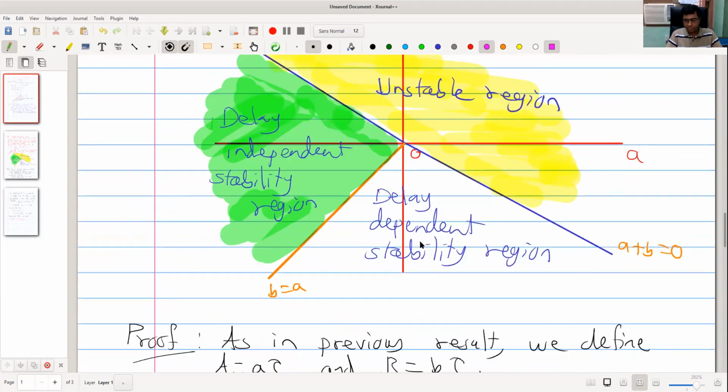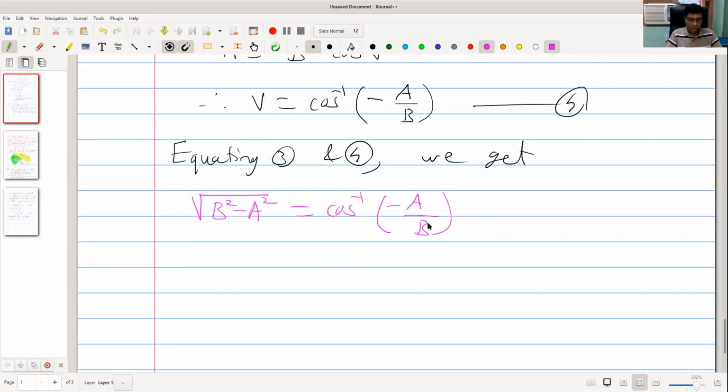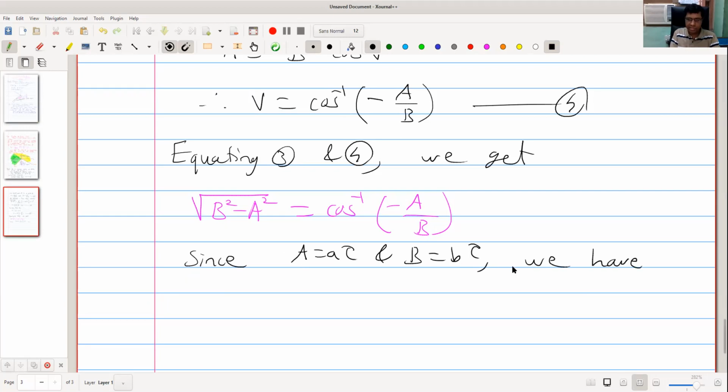Now we substitute values of small a and small b. Since capital A is a tau and capital B is b tau, this relation we can write as square root of b square minus a square, into tau square, which we take outside.